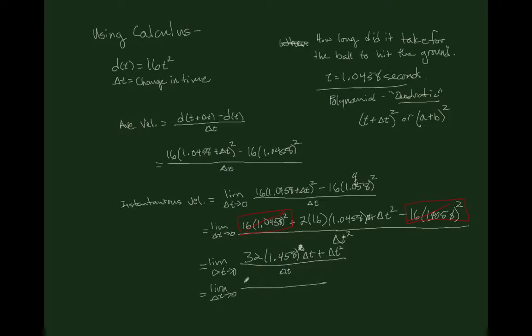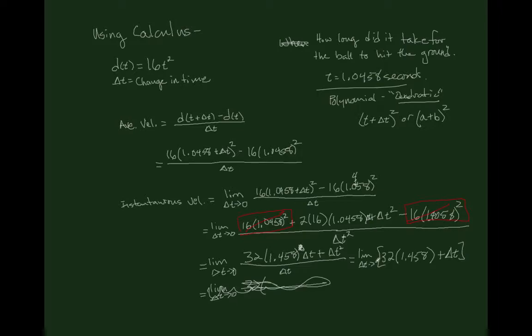Oops, I didn't need that line. So this is going to be 32 times, actually, I'm making a mess right now. Let me just write it over here. So this is going to be the limit as delta t goes to 0, and the delta t's cancel here and here and over here, so we end up with the limit of 32 times 1.458 plus delta t.